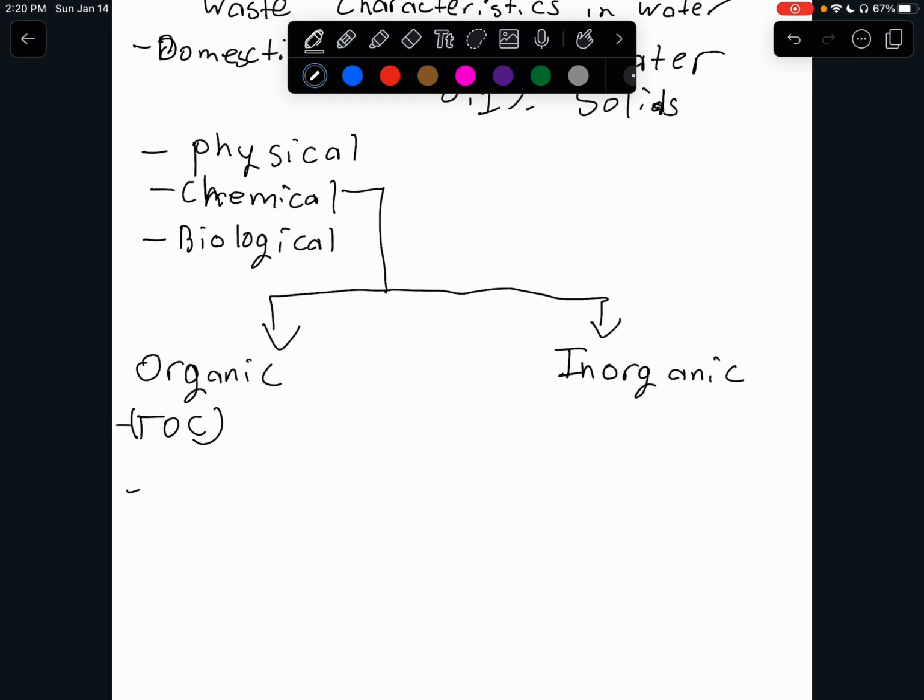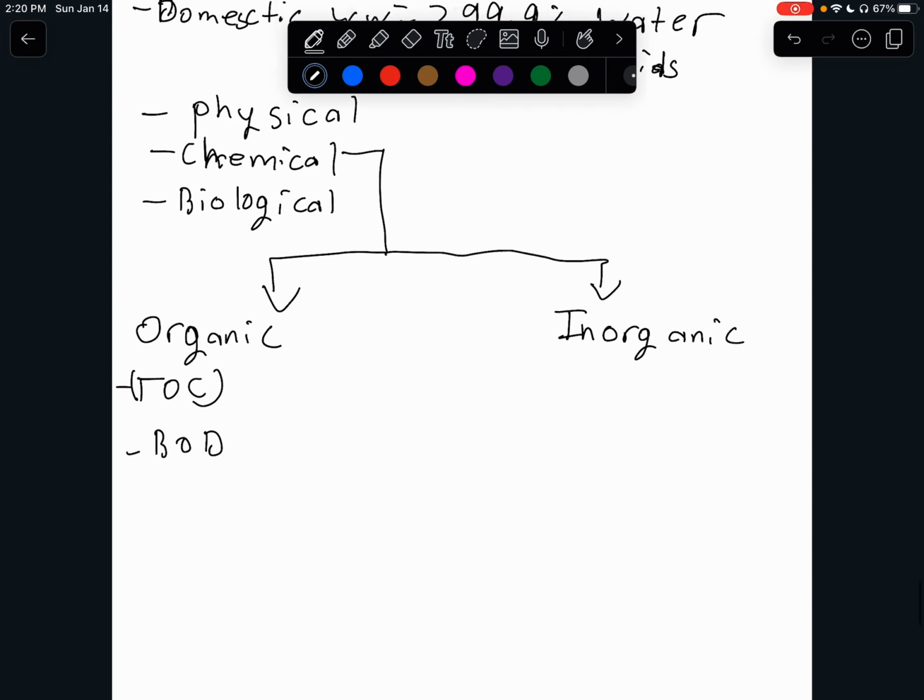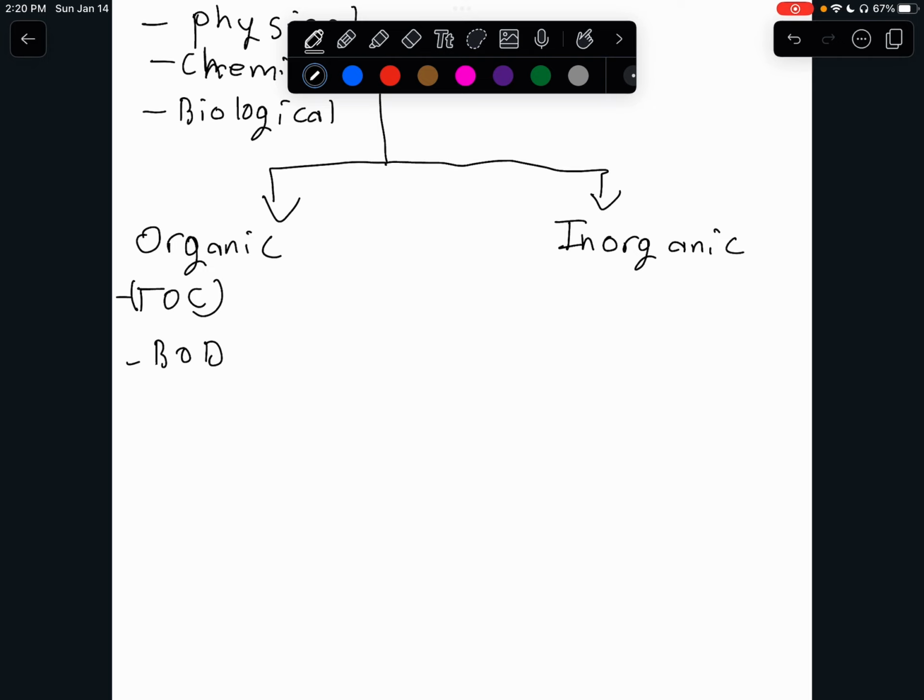We could also get BOD, which is biological oxygen demand, as well as chemical oxygen demand, right? So this typically consists of proteins and carbohydrates. So I spelled proteins wrong. Let me just fix that. But we have proteins in our organic matter, right? And carbohydrates.